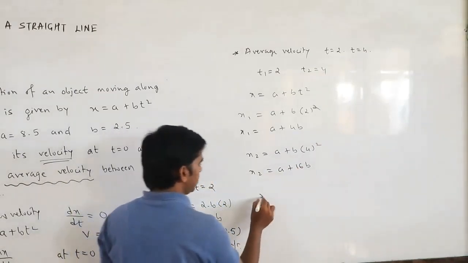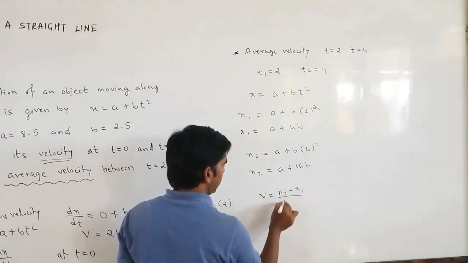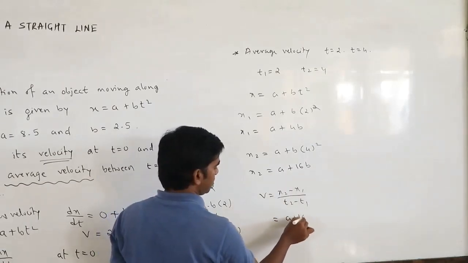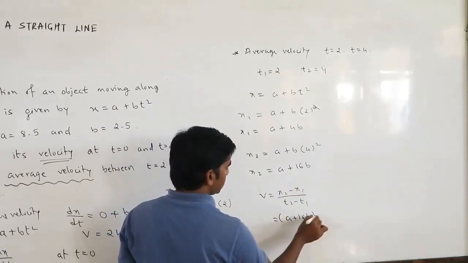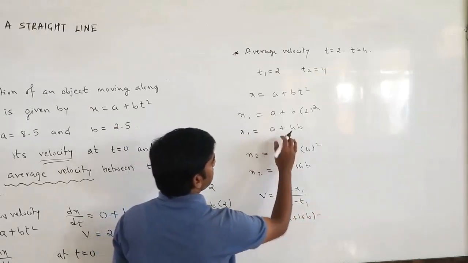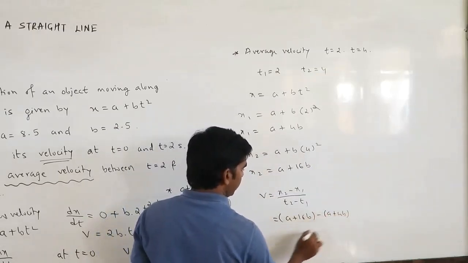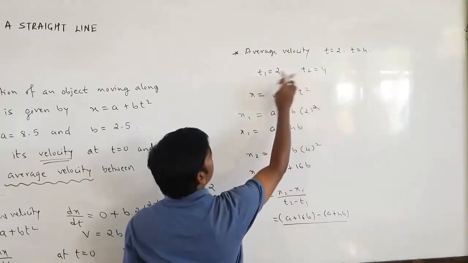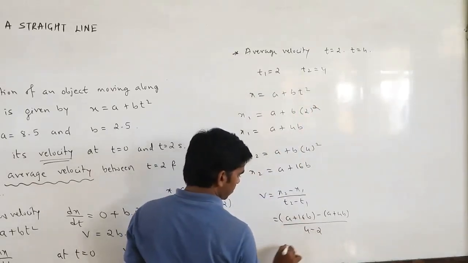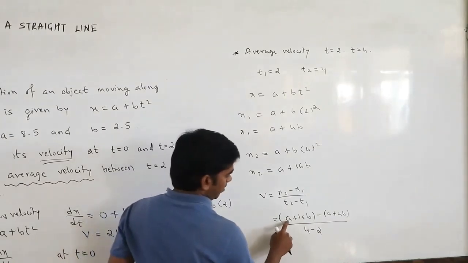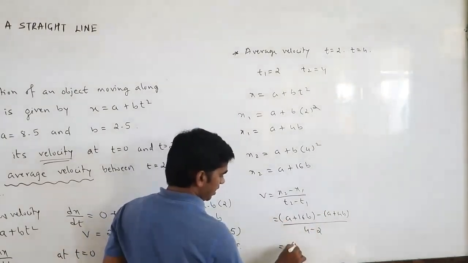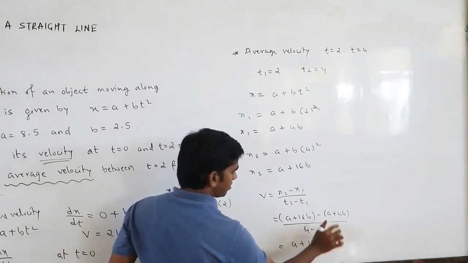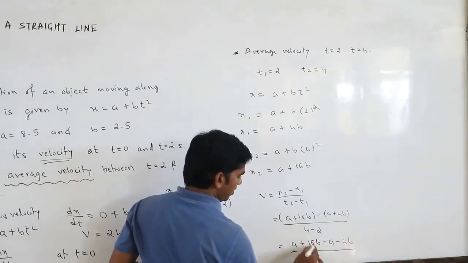Now velocity is x2 minus x1 divided by t2 minus t1. x2 is a plus 16b, minus x1, which is a plus 4b, divided by t2 minus t1, 4 minus 2. Now plus a minus a will go.